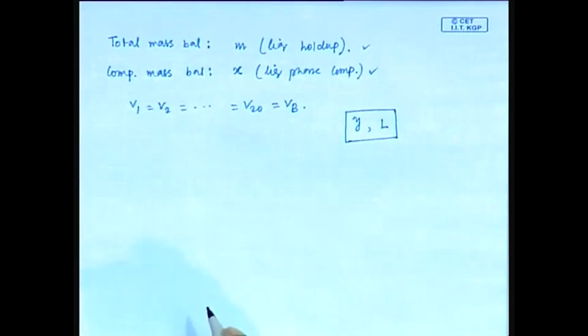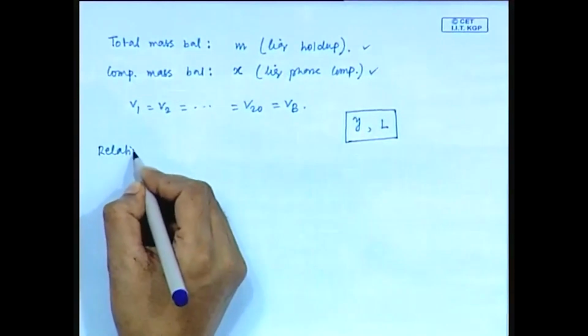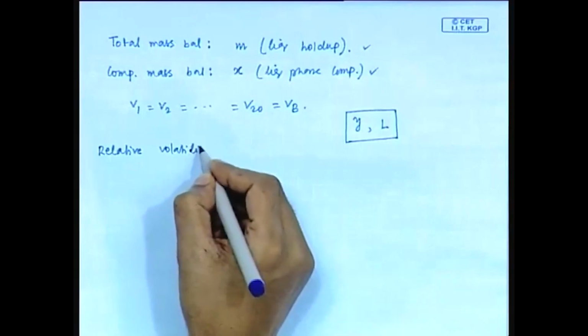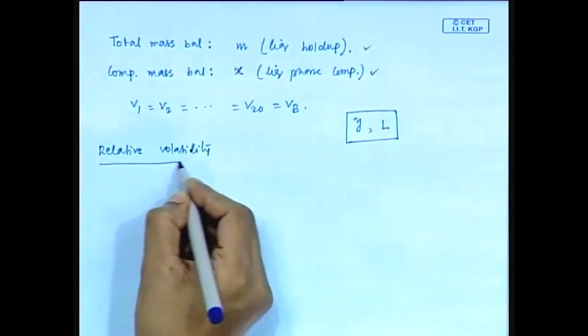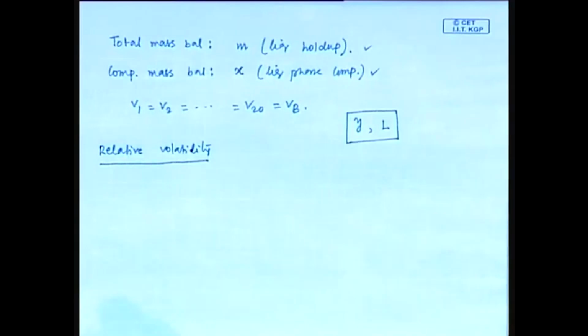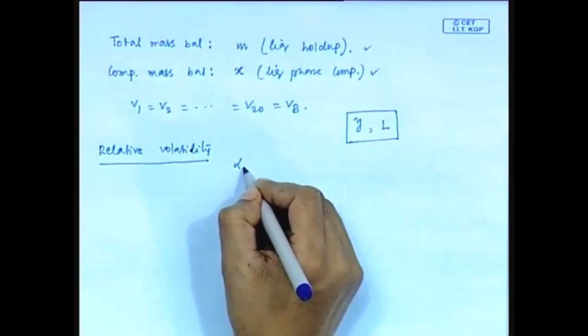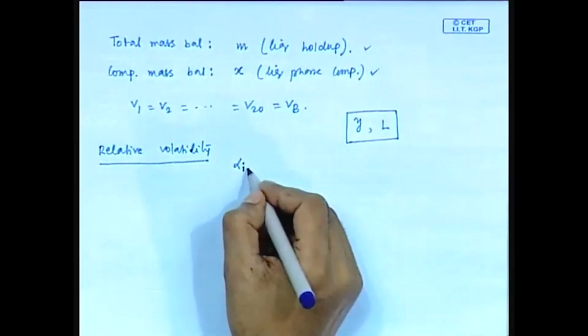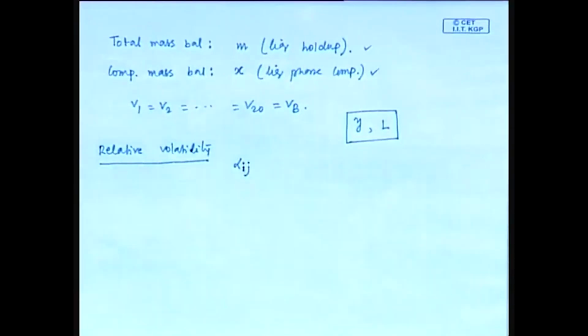How can we calculate Y? We have assumed one thing, that the relative volatility of components A and B remains identical throughout the column. Relative volatility is represented by alpha. So, relative volatility of any component i with respect to another component j is represented by alpha ij.